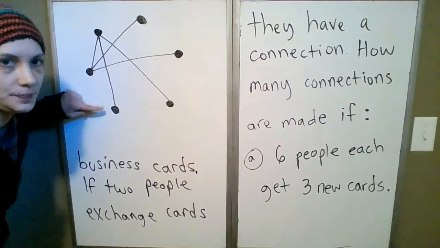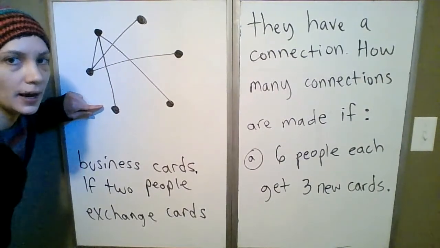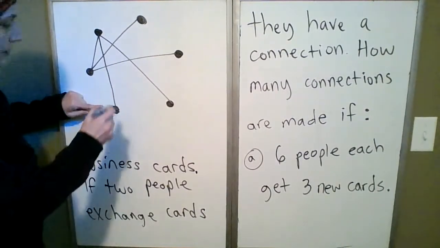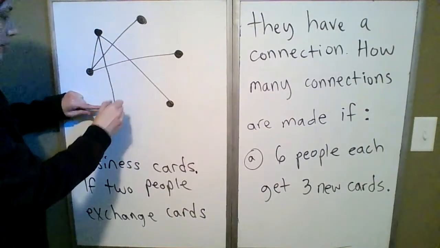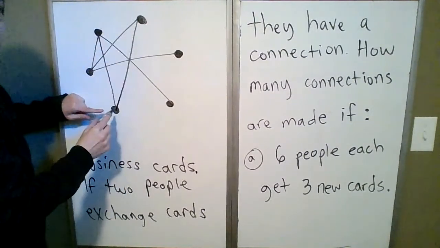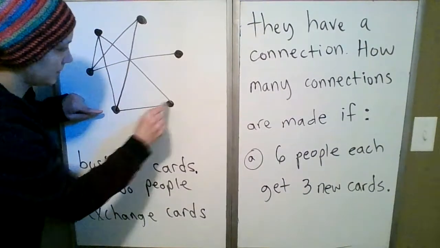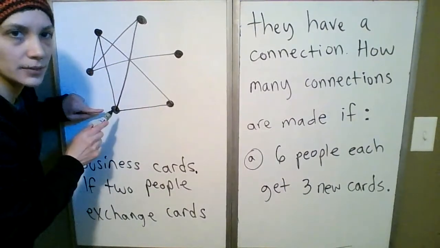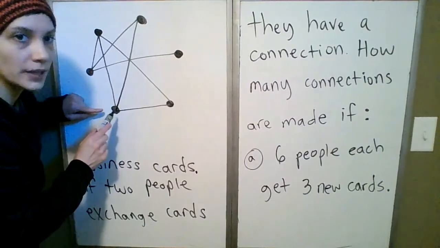Let's go here. This person has already gotten 1 card. I had them get another card from the vertex right at the top, and the one straight across from them.